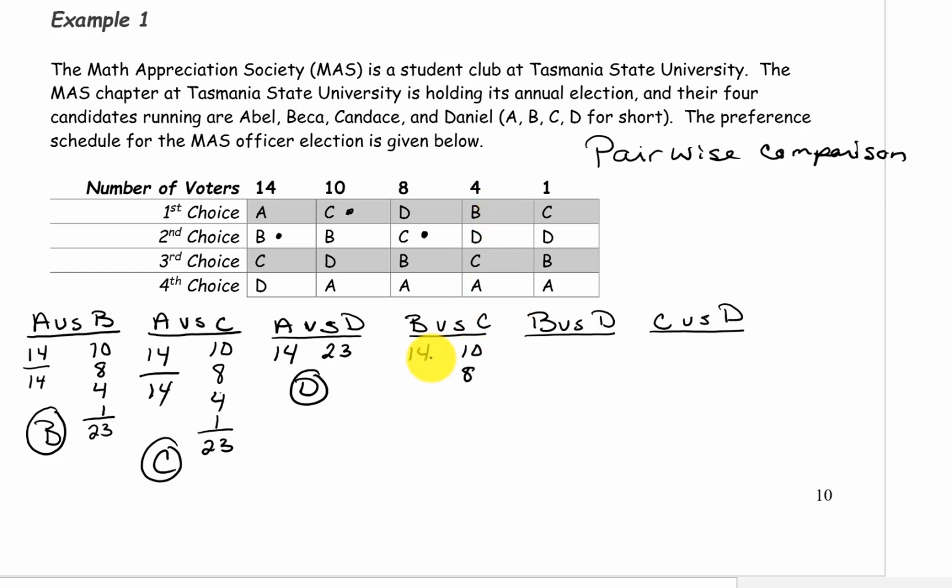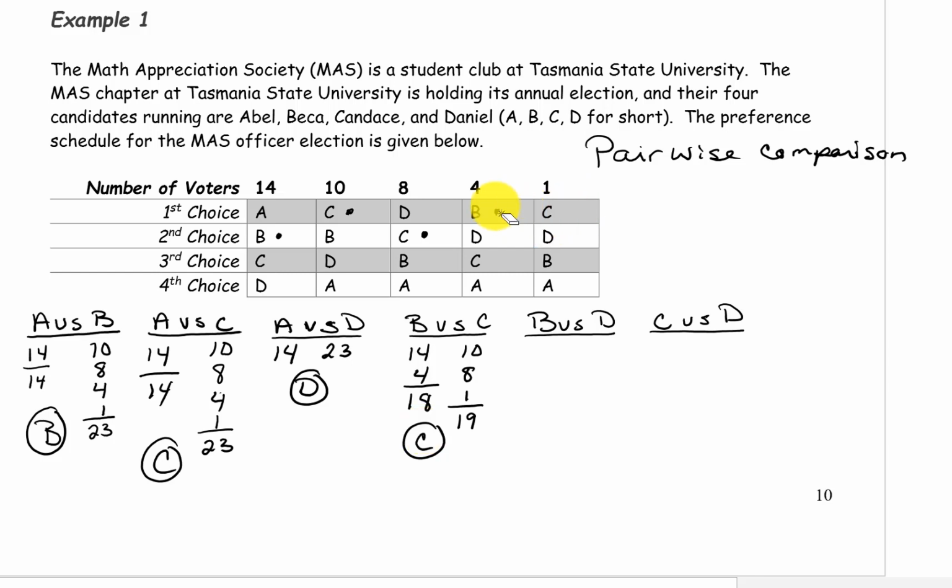Candidate B is above C on the next 4, so candidate B will get those 4 votes. And on the last ballot, C is above B, so C will get the last vote. So C has 10 plus 8 plus 1, which is 19, and candidate B has 18. Since C has one more vote, candidate C will win that head-to-head and will get a point for that.